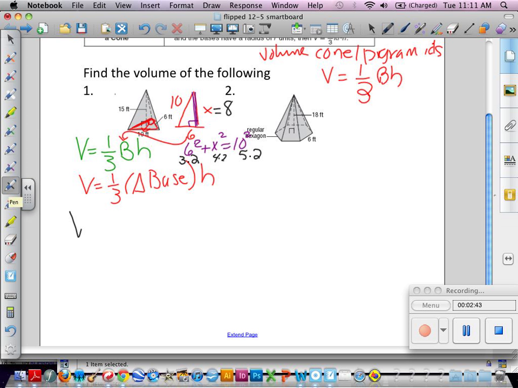All right, so I'm going to go ahead and go my volume equals 1/3. Okay, I need to find a triangle area. So I'm going to take my base of my triangle, which is 6, times the height of my triangle, which is 8, and then I'm going to divide it by 2. Then I need to multiply times the height of the pyramid, which is 15.